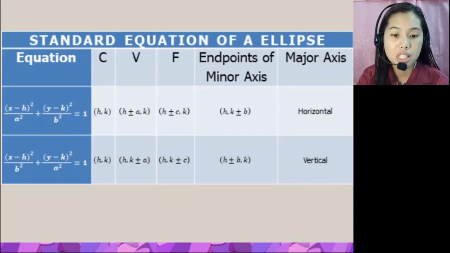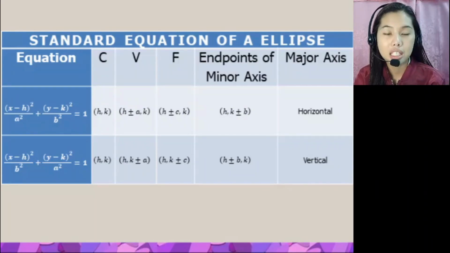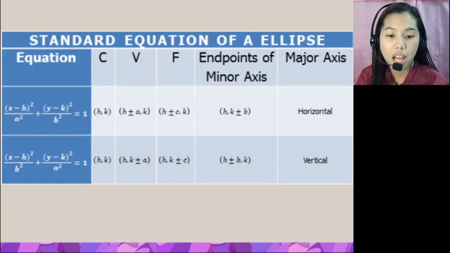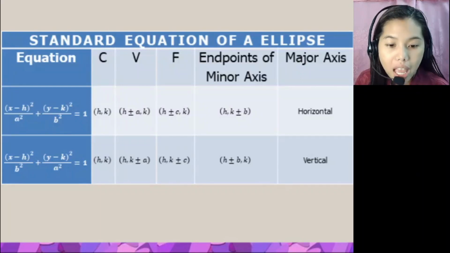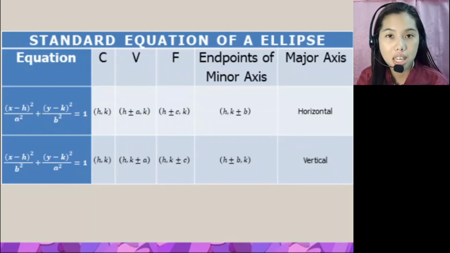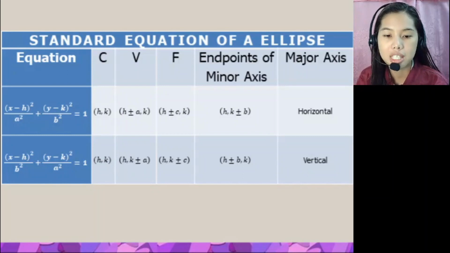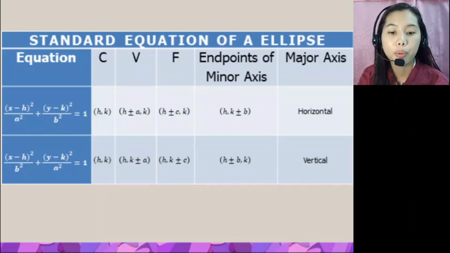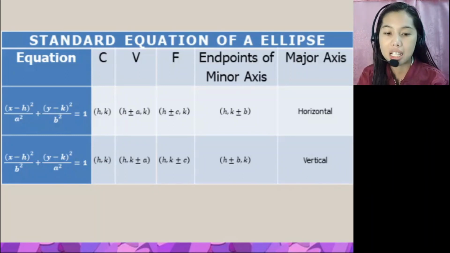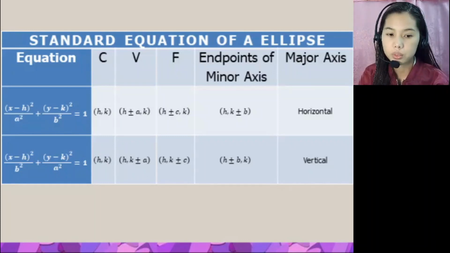However, our vertices are located at (h plus or minus a, k), and our foci are located at (h plus or minus c, k). The endpoints of the minor axis are at (h, k plus or minus b), and the major axis is horizontal.